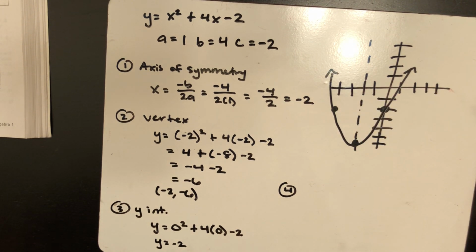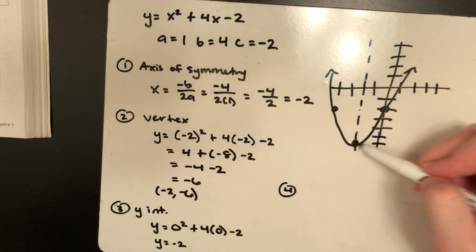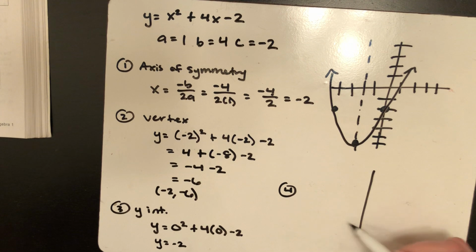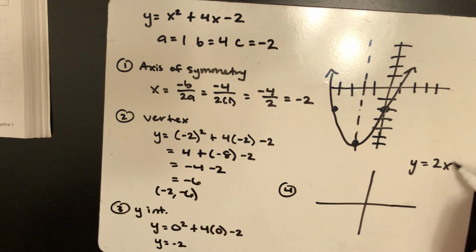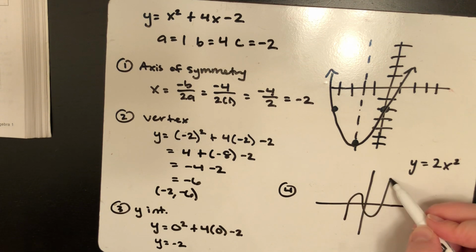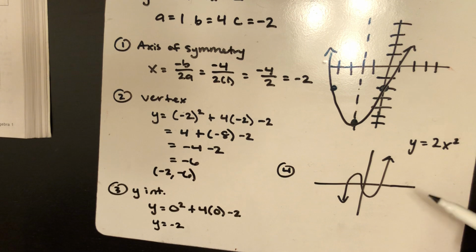It should be fairly easy to graph these in ALEX as long as you are getting the U shape. Some of you, when you did this on your test, when it was like y equals 2x squared, you had this funky curve thing going. We've never actually seen a curve like this, so make sure that you don't have that as an answer on your homework or on your tests.